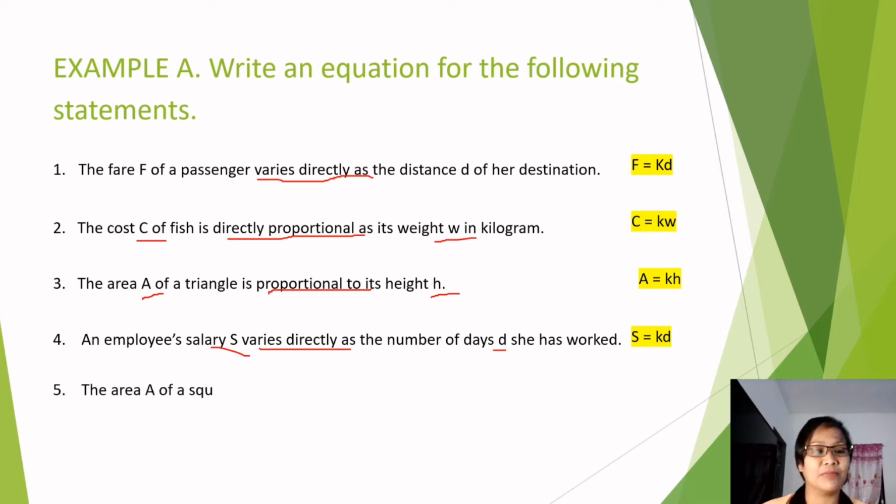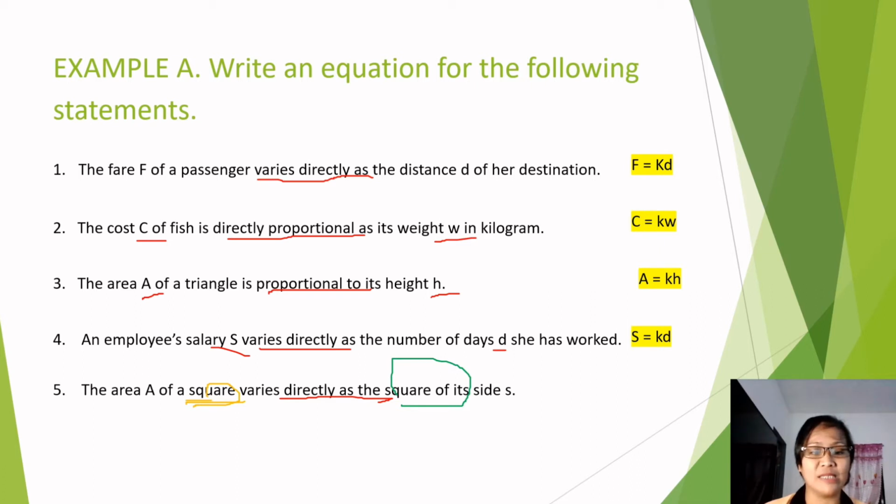Number 5, the area A of a square varies directly as the square of its side. Kung napapansin nyo, mayroon tayong dalawang term na square dito. Yung square nandito, tsaka yung square nandito. Okay? Yung square na binanggit sa una, ito ay yung square sa polygon.